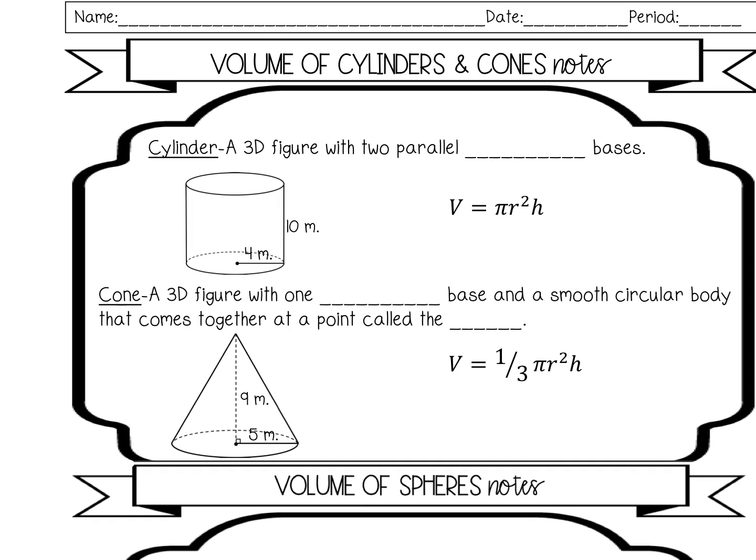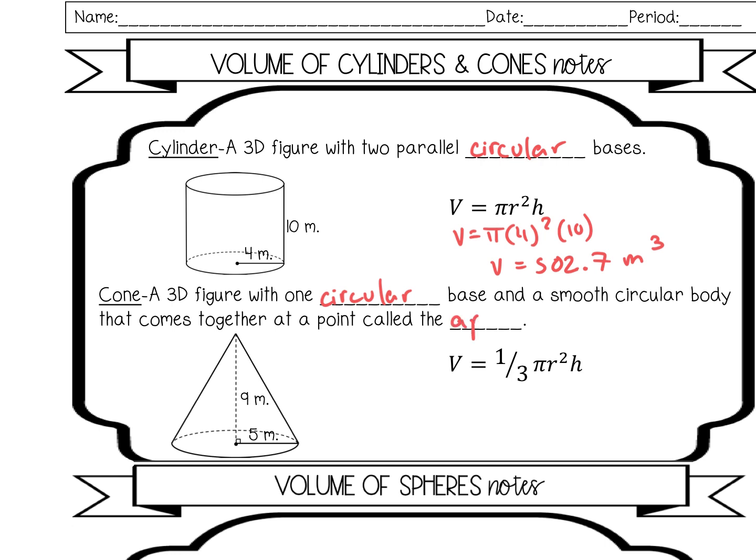Now we have cylinder, a 3D figure with two parallel circular bases. So the volume here is pi times 4 squared times 10. So our volume is 502.7 meters cubed. So a cone is a 3D figure with one circular base and a smooth circular body that comes together at a point called the apex.